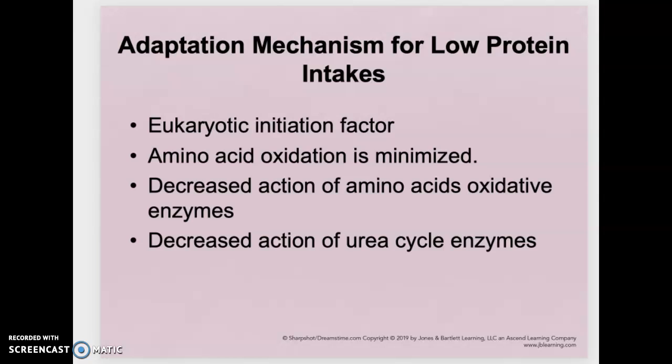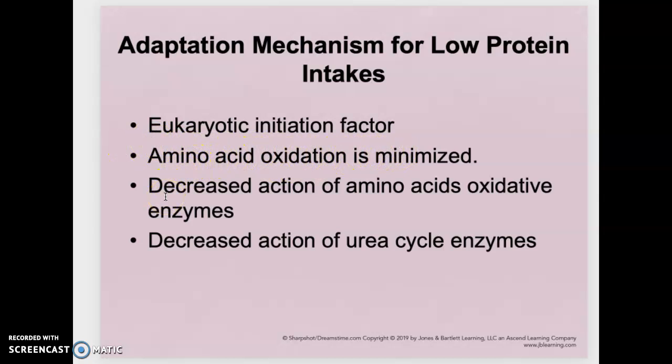So what happens if we do have a low protein intake? Is our body going to adapt to that? Of course it will. So there's some key ways that our body is going to adapt to this. We're going to stop oxidizing amino acids as much, so we're not going to break down amino acids as quickly and efficiently.